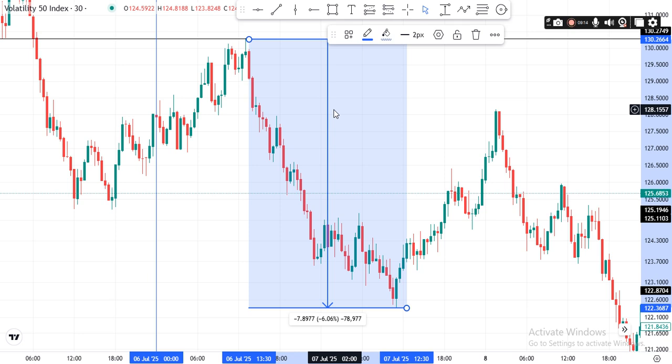Now it depends. Let's say you want to risk $100 and use 100 lot size. As this market gets there, if you enter just one lot position, we're going to make $789.